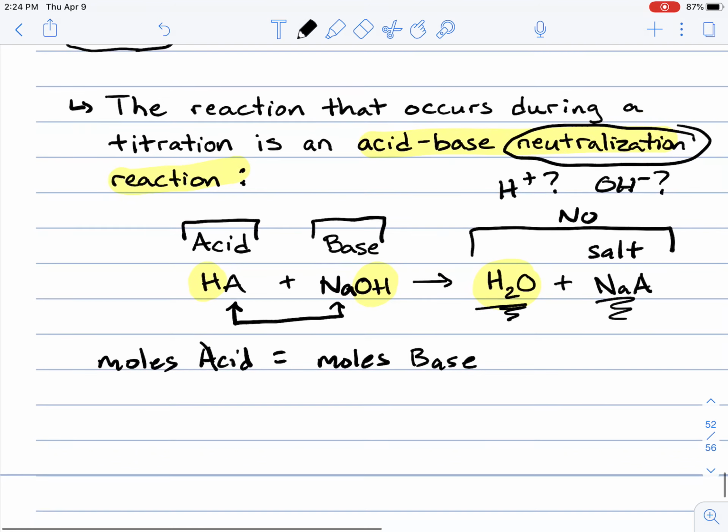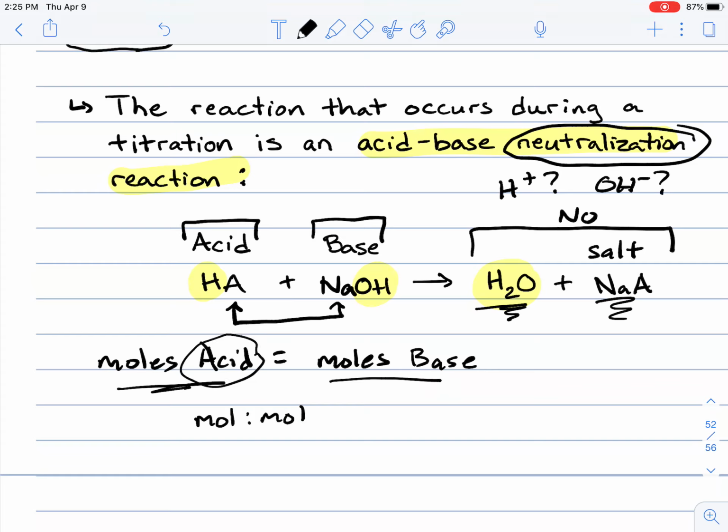And so that's really cool. The reason why is because if we know the number of moles of base or the number of moles of acid, then we can do a mole-to-mole ratio and perform stoichiometry to convert moles of acid to moles of base, or moles of base to moles of acid. Okay.